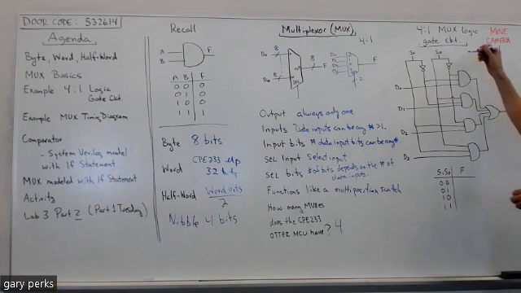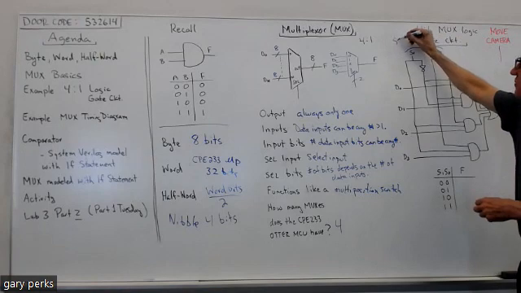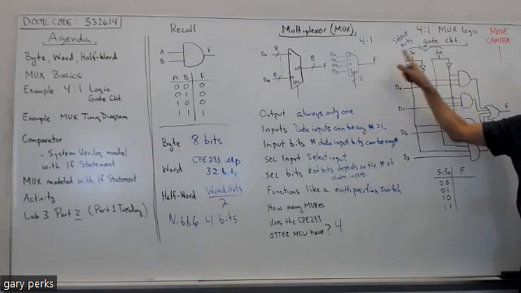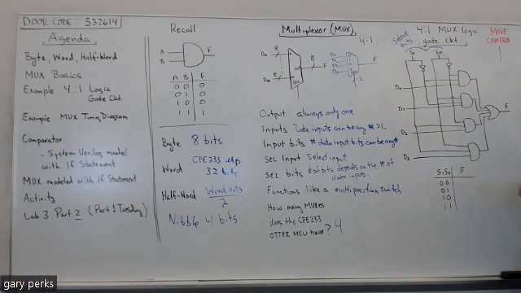Okay, also you can see there's some inverters. Now, S0 and S1, these are the select bits. So in this picture, S0 and S1 are the 2 bits for the select input. And then as I said before, D0, D1, D2, D3, those are the data inputs. And here is our output.